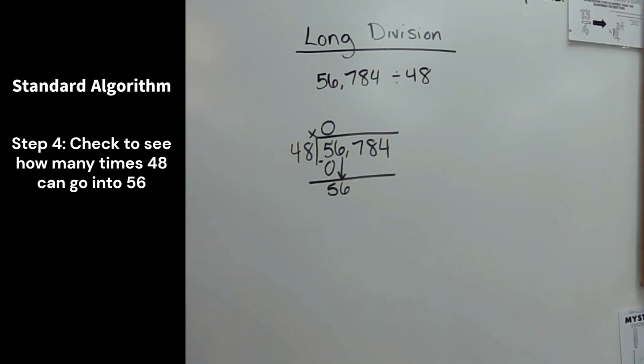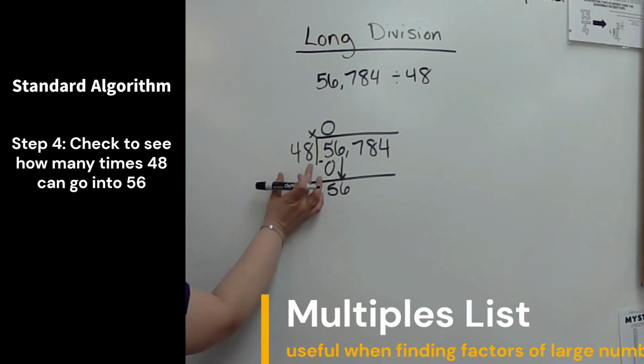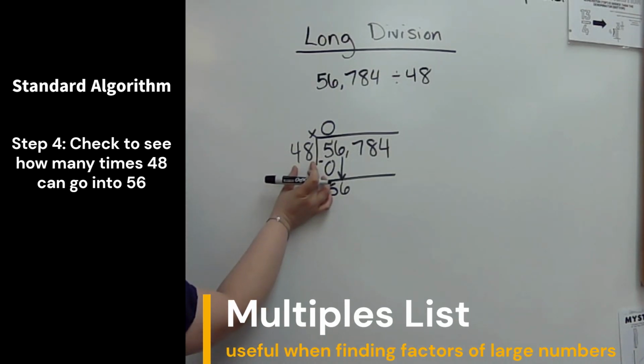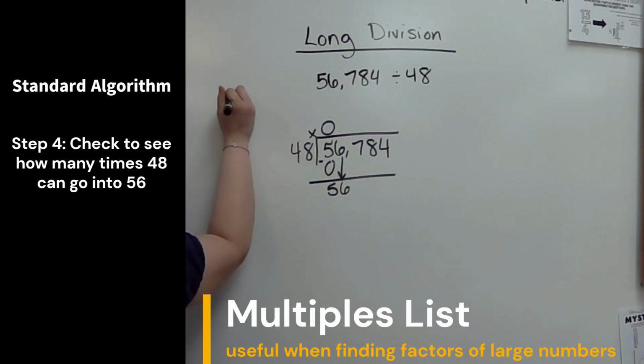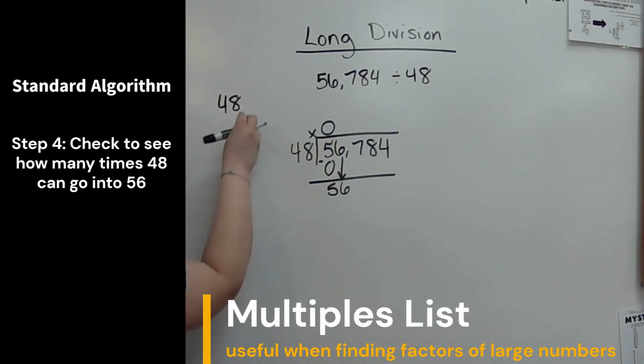To do this, I'm going to create a multiples list for 48. This is useful for large numbers, and it will help save time instead of having to multiply each number to see if it fits or not. So to do that, I'm going to write 48 out on the side, and I'm going to add 48 each time to get my list.